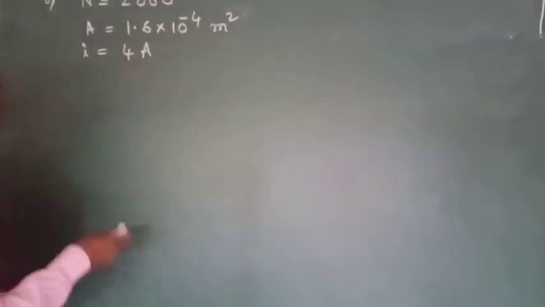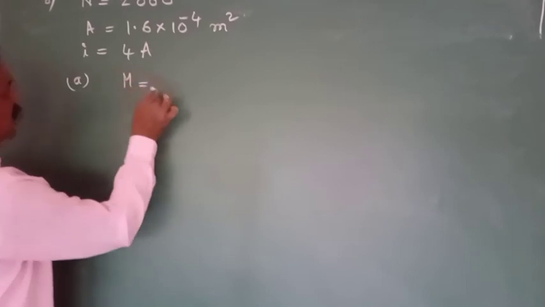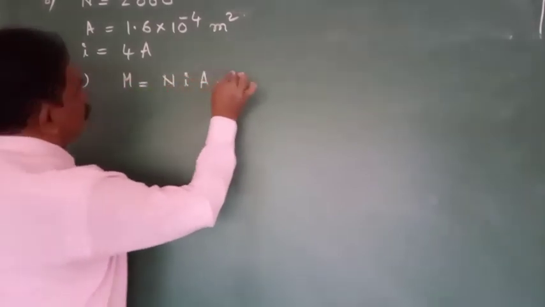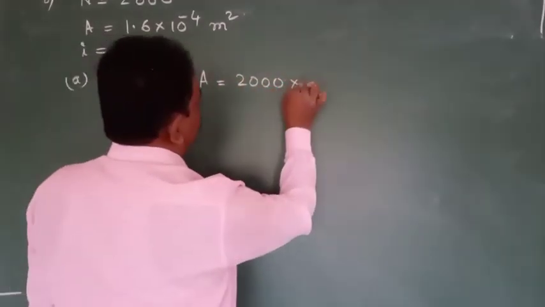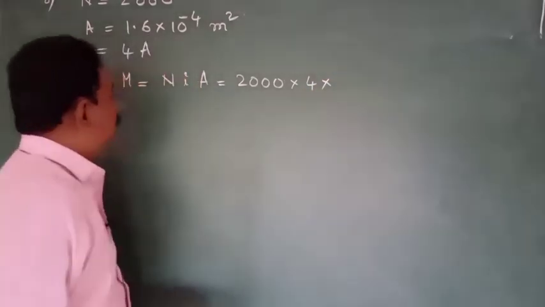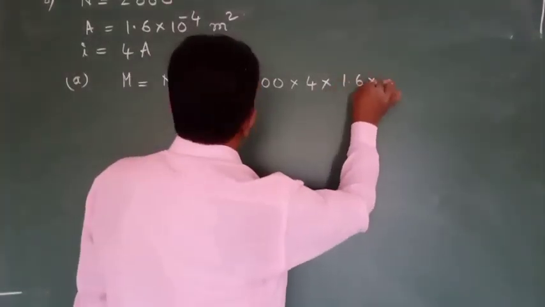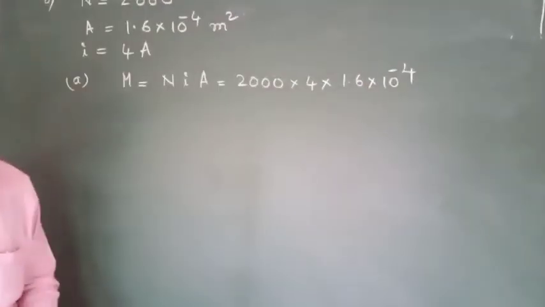What is the magnetic moment associated with the solenoid means M is equal to NIA. N value will be 2000. I value will be 4. A value will be 1.6 into 10 power minus 4.